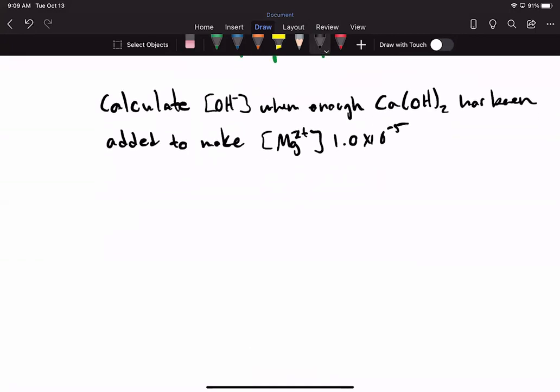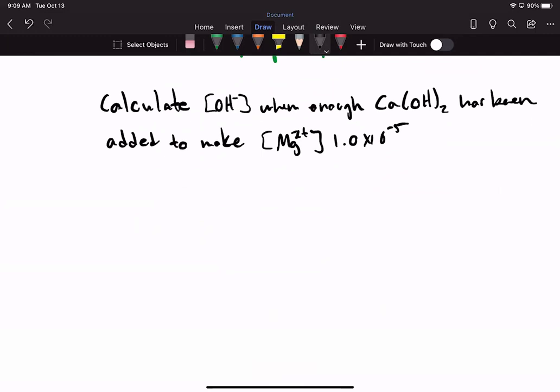So we need to calculate the molar solubility of hydroxide when enough calcium hydroxide has been added to make the molar solubility 1.0 times 10 to the minus 5.